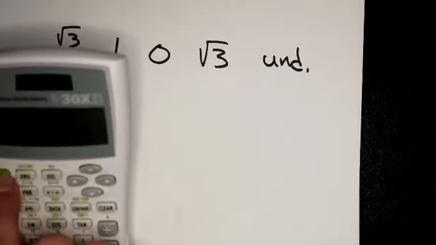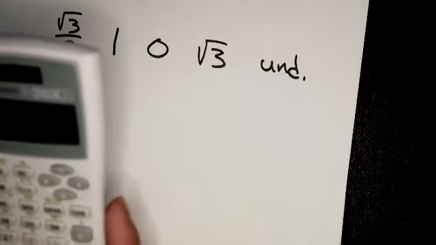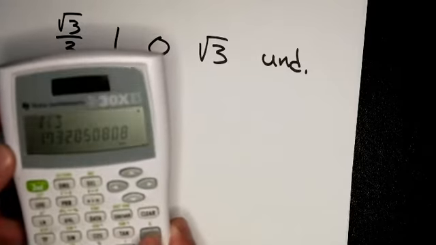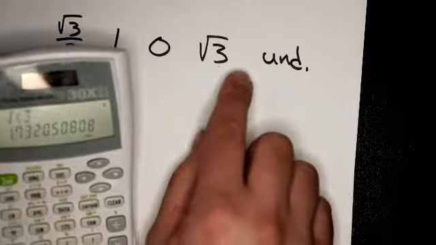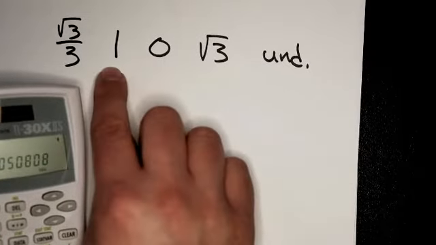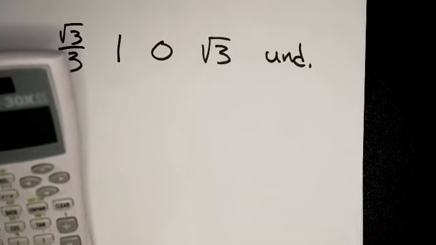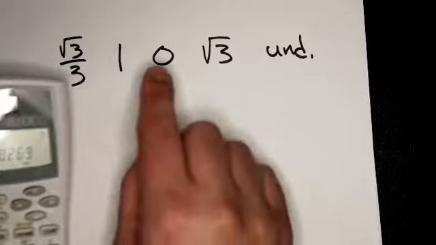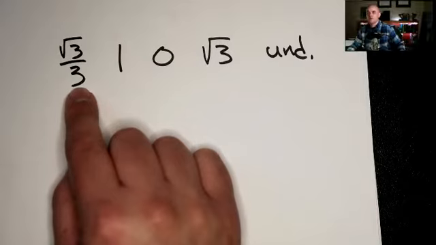The square root of 3 is what we want. Well, the square root of 3, if you punch it in, is 1.73. Now, that value may help you, it may not, but the key thing is that you should notice that 1.73 is bigger than 1. If I divide it by 3, I get 0.57. That tells me the value of root 3 divided by 3, and the key thing there is that it is less than 1.